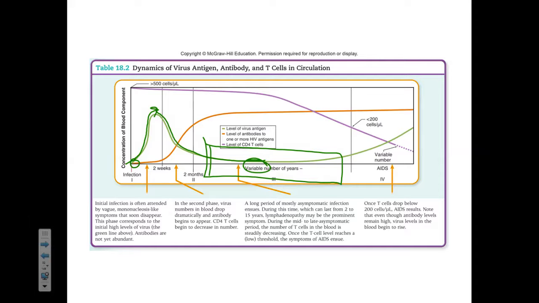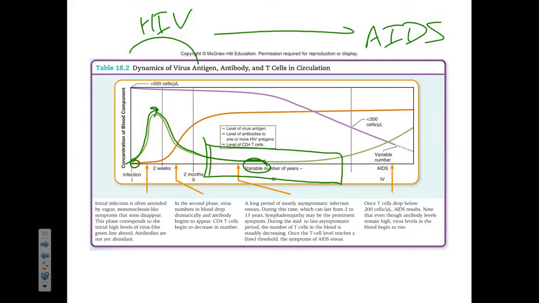It depends on the anti-HIV medications the patients are receiving and their own natural immunity to the virus. And this is the variable time period that separates HIV from full-blown AIDS. So the number of years between infection of HIV and the development of AIDS will vary from patient to patient.